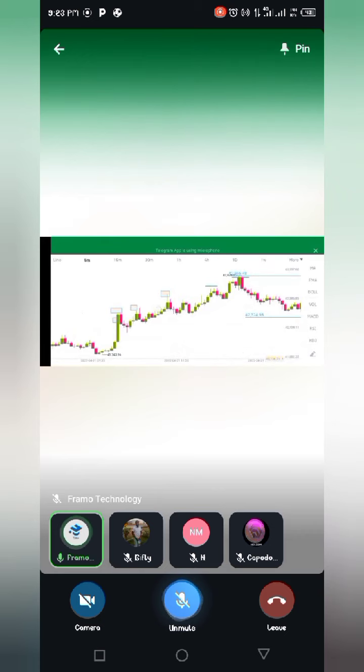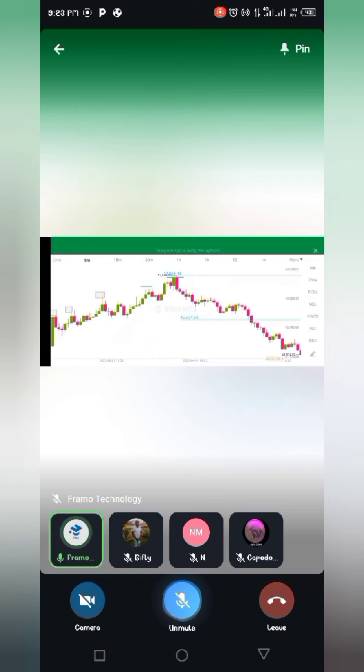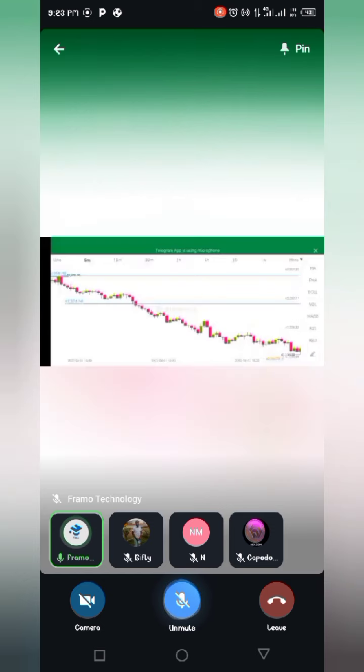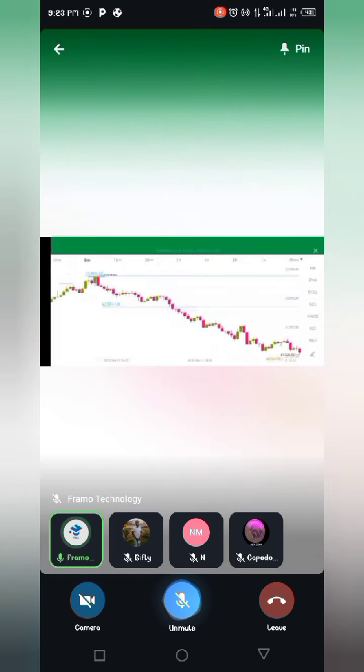Now, if you consider the downtrend, we could see the lower lows. We can start from here. We have a lower low here. We can have a lower low here.